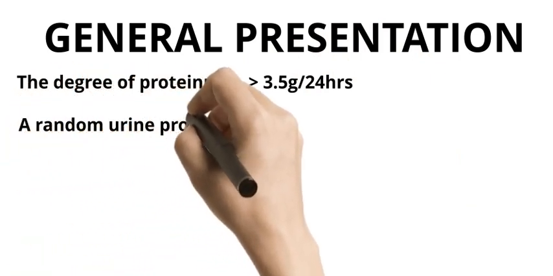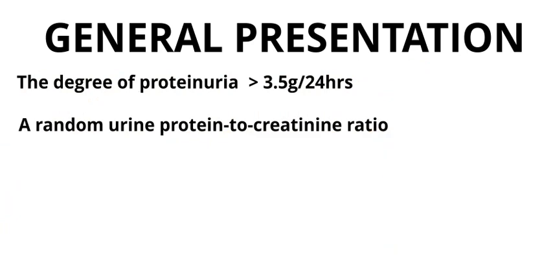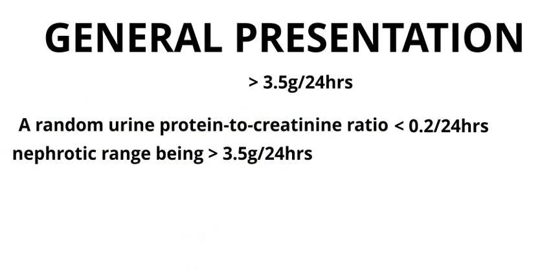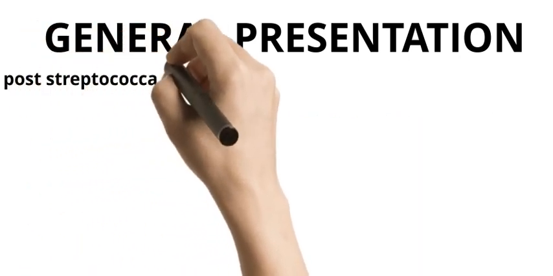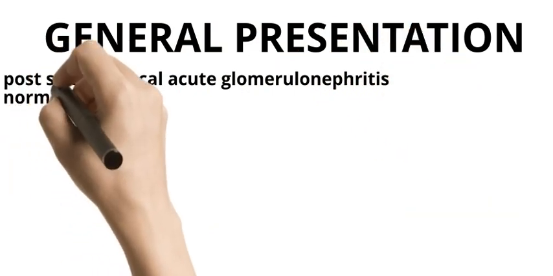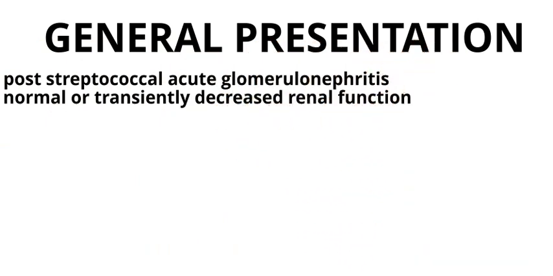A random urine protein to creatinine ratio provides information as acceptable as that of a timed collection, with the normal being less than 0.2, or less than 3.5 grams per 24-hour duration, and the nephrotic range being greater than 3.5 grams for 24-hour duration. But in cases of post-streptococcal acute glomerulonephritis, there's normal or transiently decreased renal function.